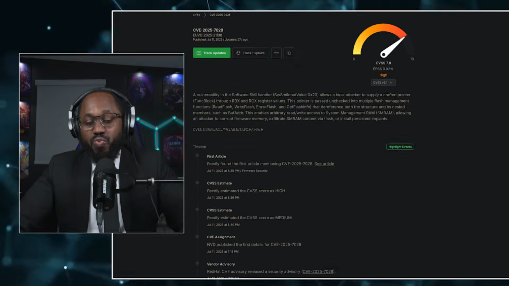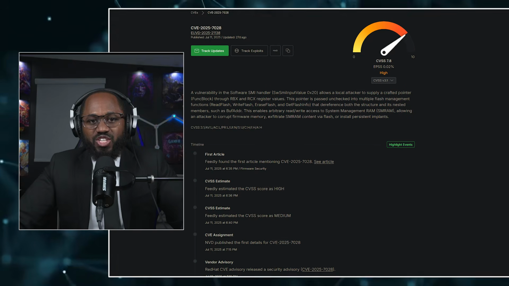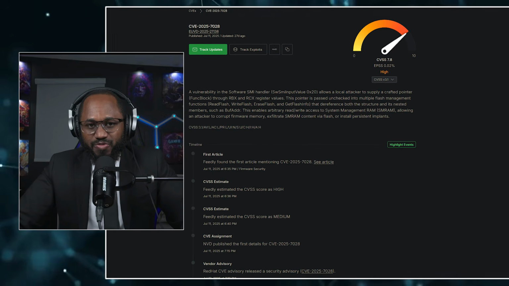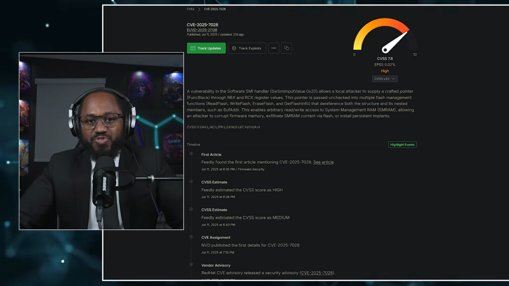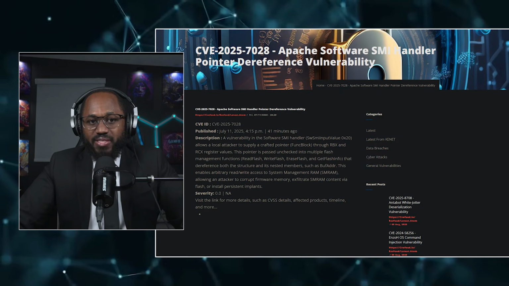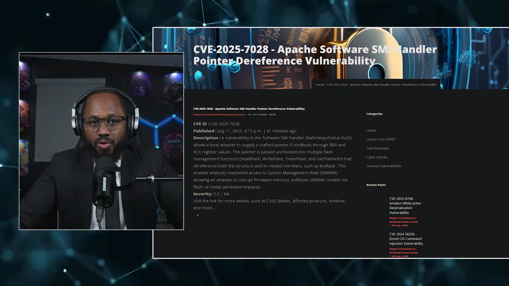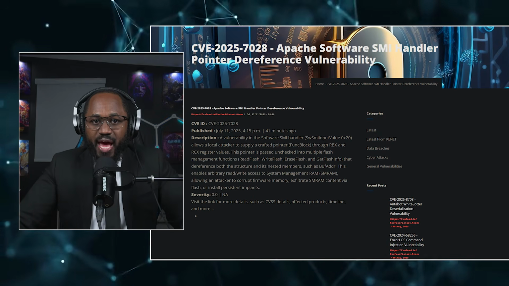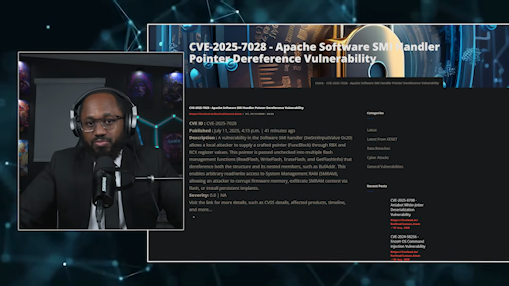So the vulnerability arises mainly in the SMI handler function, which processes commands from the attacker-controlled command port and uses the untrusted func block pointer in these calls. A pseudocode example basically illustrates the unsafe dereferences and writes, including writing error codes inside the func block and using the buff addr without bounds or validity checks, right?